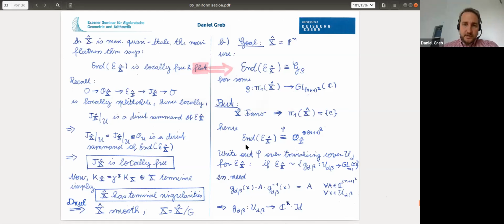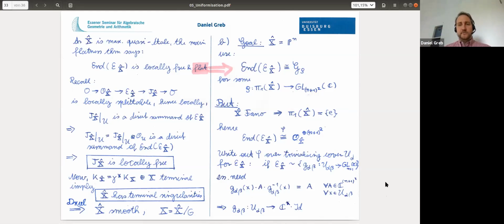You see, End of E, these are endomorphisms of the fibers of E, and they transform on the trivializing cover by conjugation with the transition functions that you have for E of X.